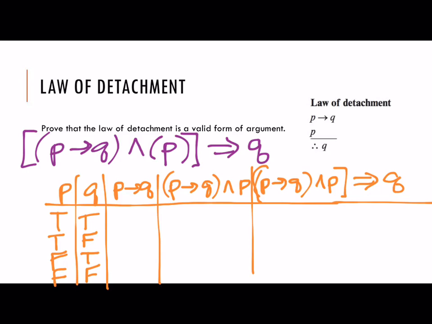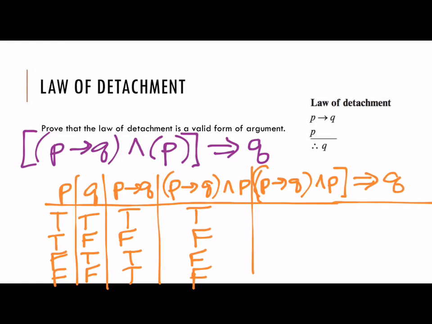So we have the normal setup for P and Q, and then follow the rules for a conditional, if P then Q. So we've got true, false, true, true. Okay, and then an and statement. So now I'm looking at the if P then Q column and the P column, those two. So we have true and false, false and true, false and true.